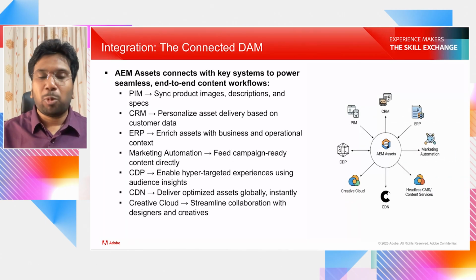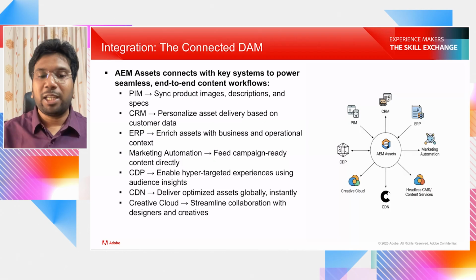So integration is possible with a large number of systems. In this slide, I mentioned some of the important systems which we use in our projects. Like PIM, we can integrate to sync product images and descriptions. We can use a CRM for personalized asset delivery. We can use an ERP for enriching the assets with business data.